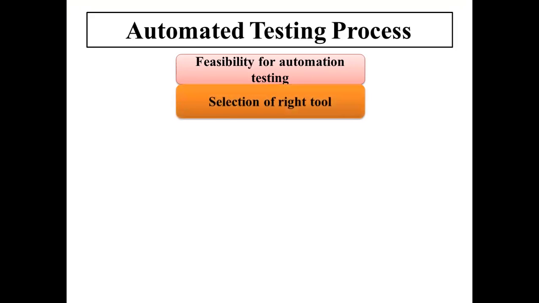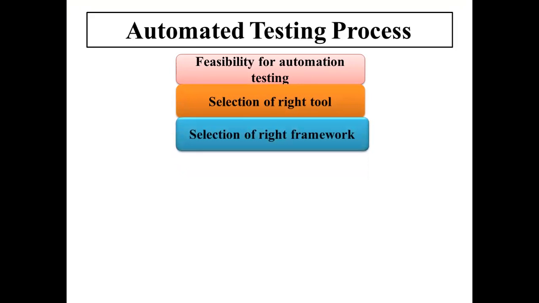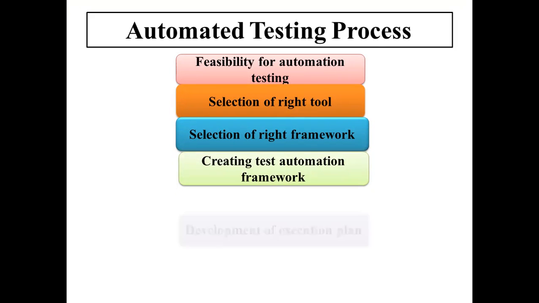So what is the automated testing process? First thing is that we have to check the feasibility of the system. We have to check the feasibility of the application, whether we can perform automation testing or not. Second thing is selection of the right tool. Third thing, selection of the right framework, which we are going to use. Creating the test automation framework.